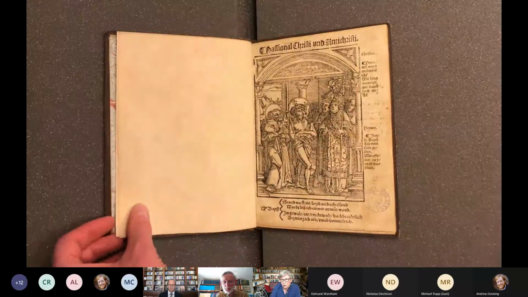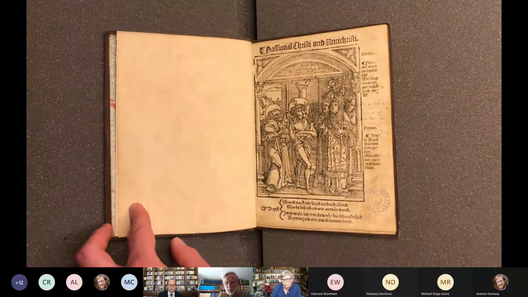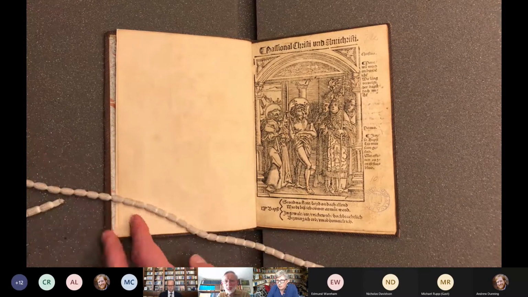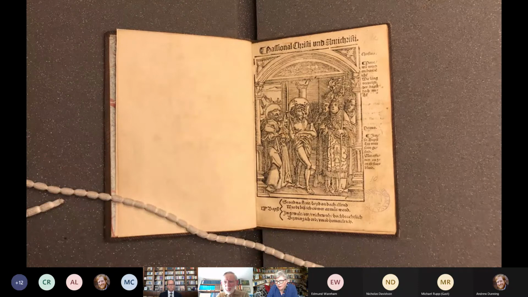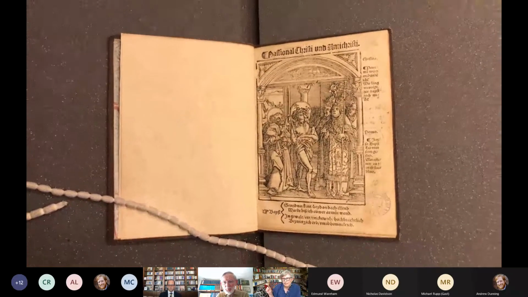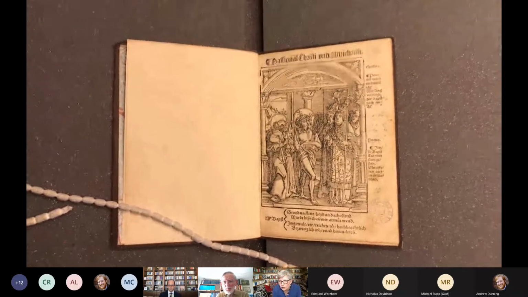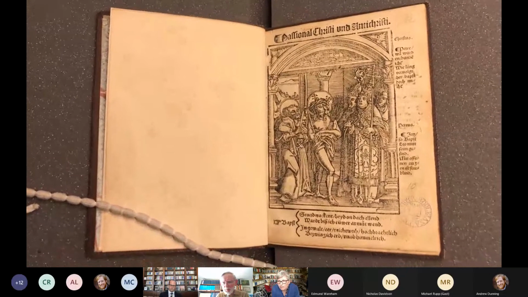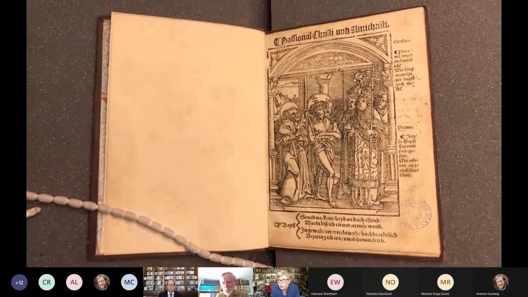It has a dialogue in the margin and at the bottom where Christ and Peter and the Pope are arguing among each other in rhyming couplets in German. And then these rhyming couplets continue throughout the volume above the woodcuts.